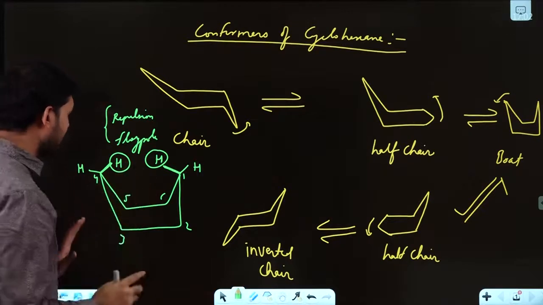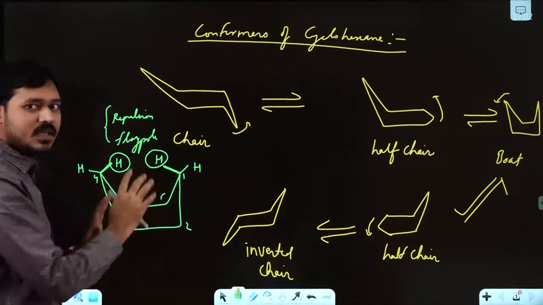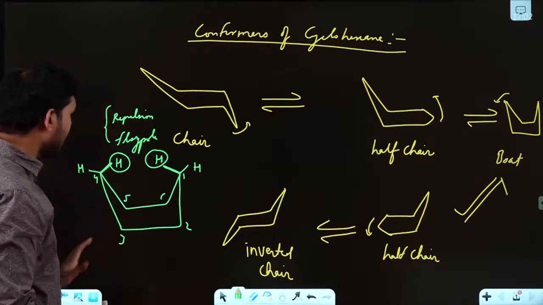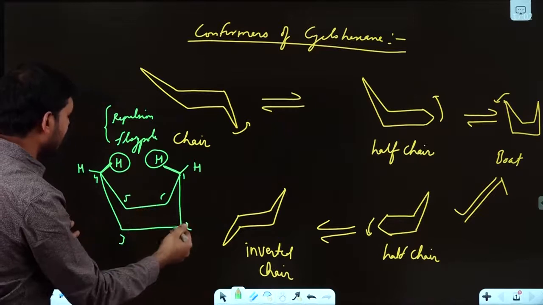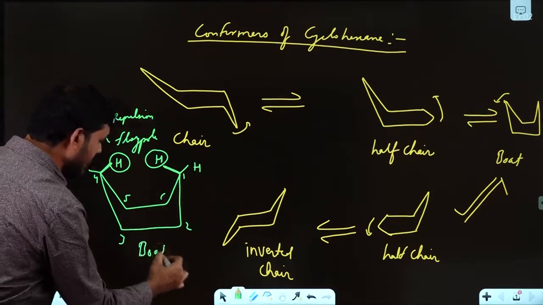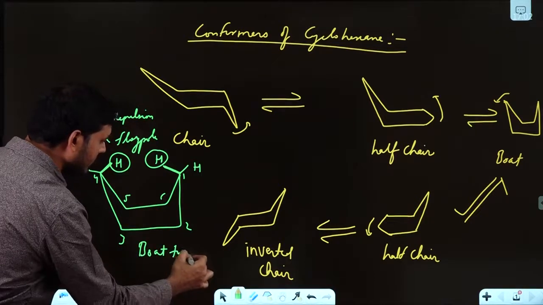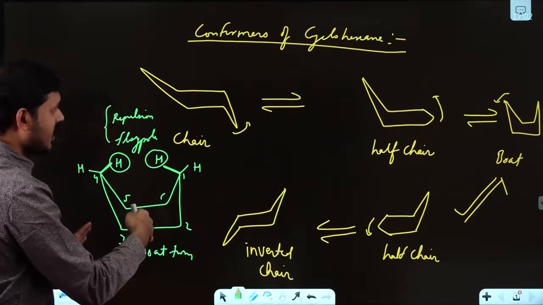Now what happens if this boat form in this flagpole, due to this flagpole repulsion, it is unstable? So what it makes? It makes this part twisted. So this boat form twist to twist boat form. This is your boat form. Okay. Now what this boat form will do? It will twist towards another form.